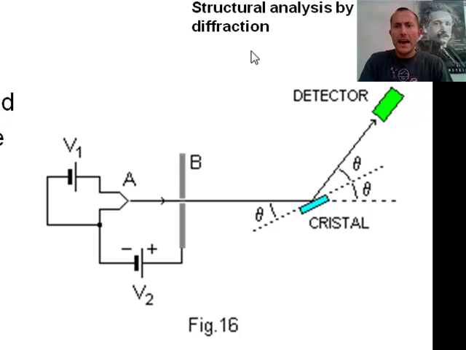And what they actually found was that as they moved around at different angles, there were maxima and minima. Just as we talked about a few moments ago, there was basically a diffraction pattern occurring when the electrons were being reflected off of the surface of the nickel.